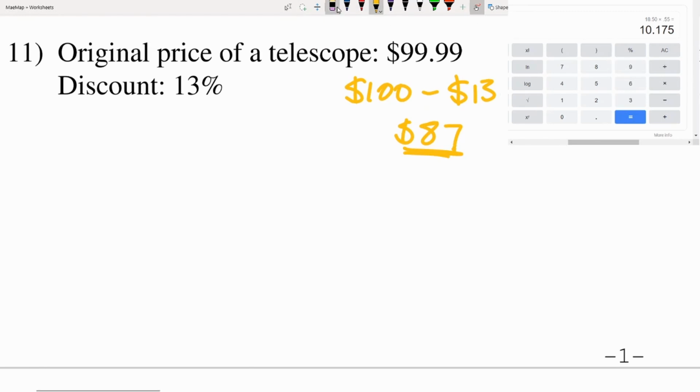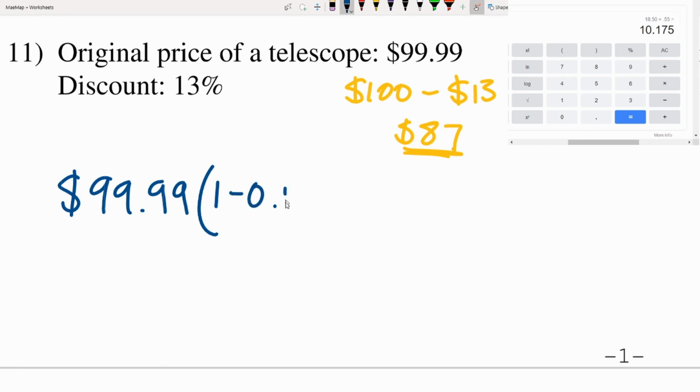So let's go ahead and figure out the exact. We have $99.99, and we're multiplying that by 1 minus 0.13. So that's going to be $99.99 times 0.87, since 1 minus 0.13 is 0.87.